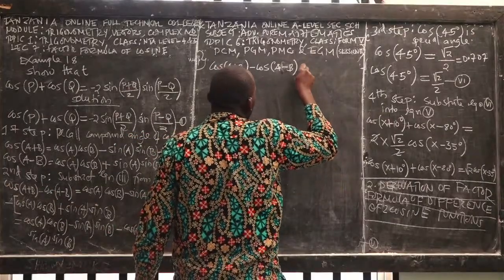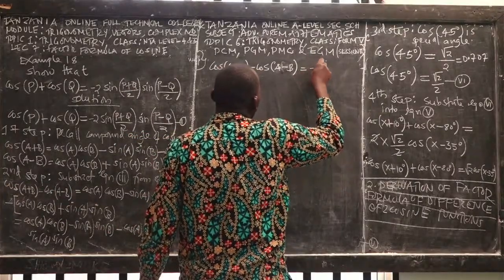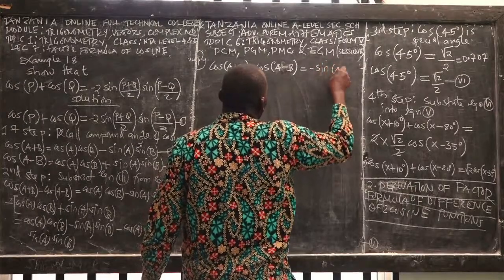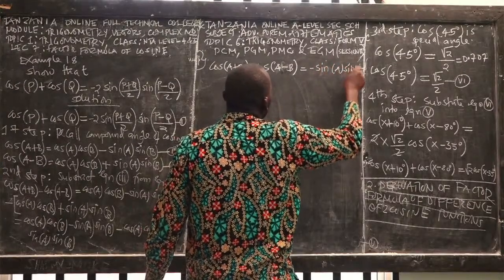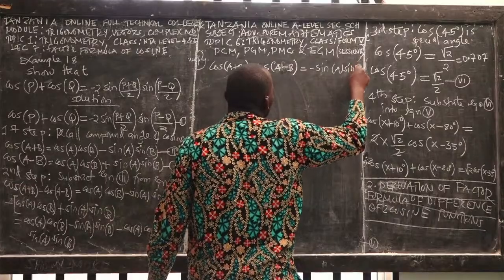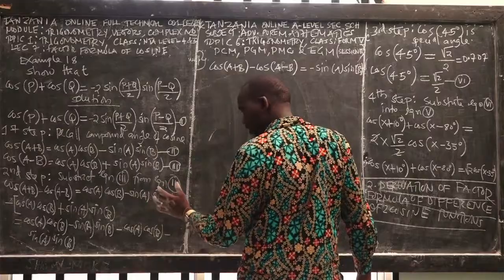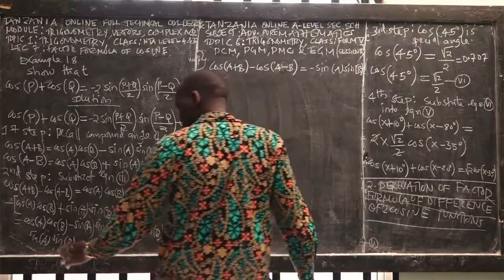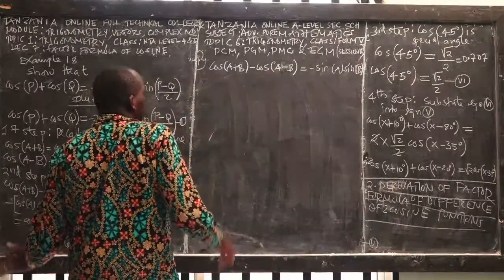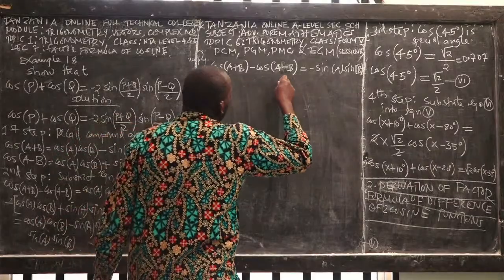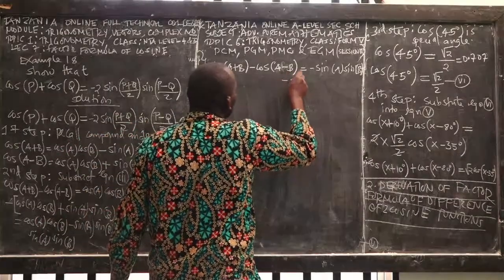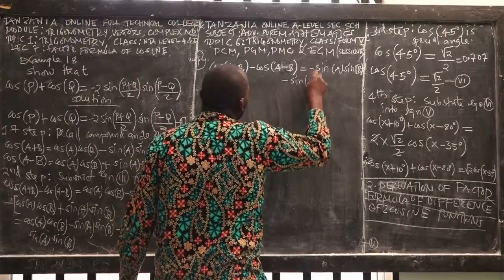And this one is equal to negative sine of A, sine of B, then minus sine of A, sine of B.